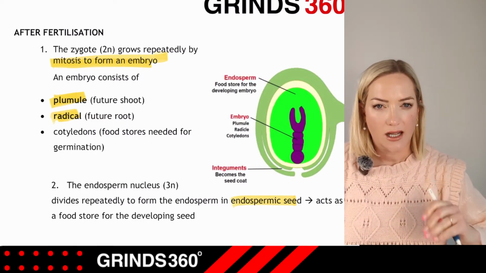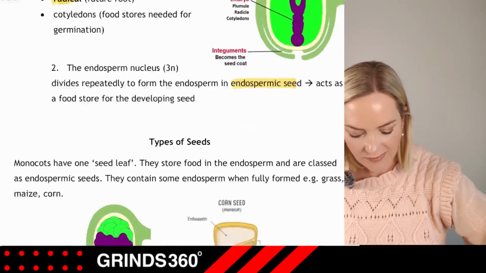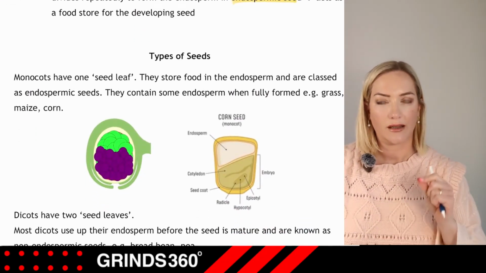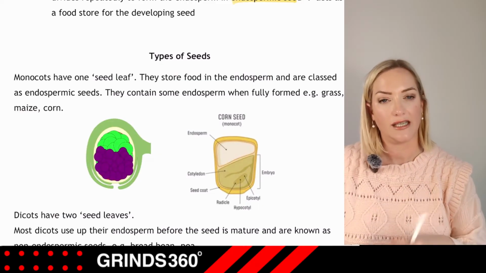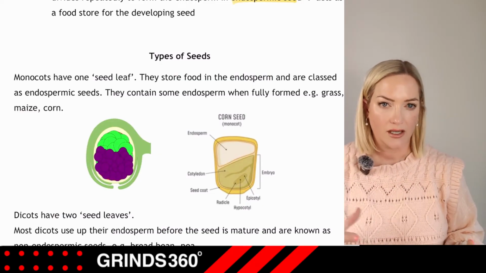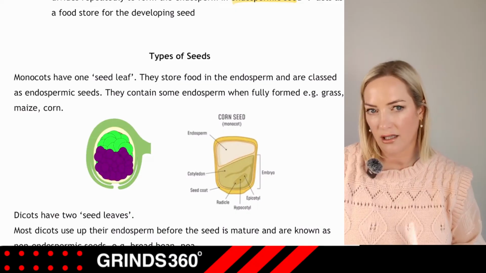This brings us on to two types of seeds. This is linking back to plant structure and tissues, where you'd have to learn the difference between monocots and dicots. Okay, monocot, one seed leaf, dicot, two seed leaves.